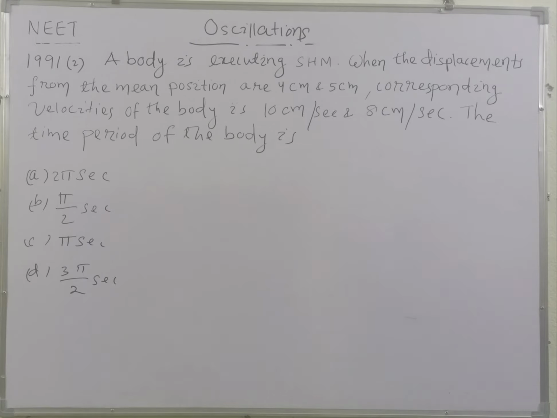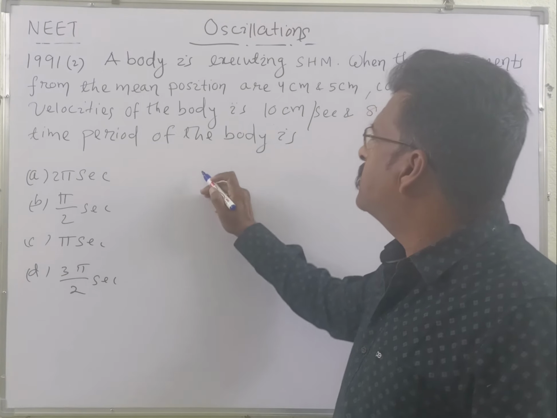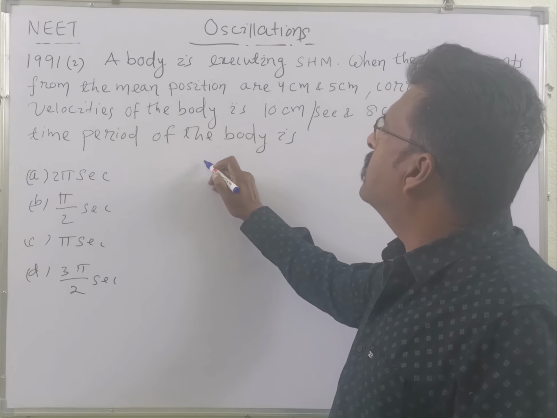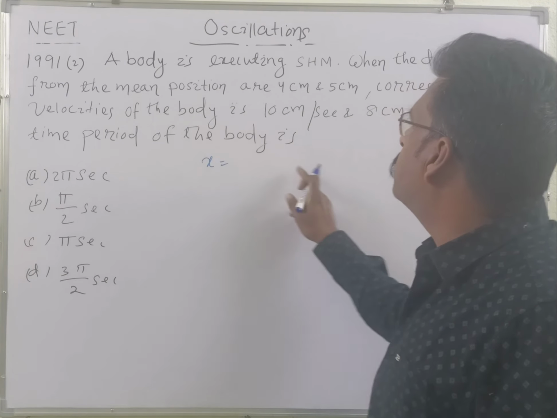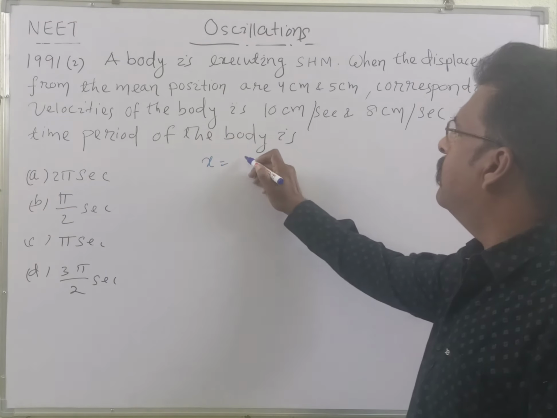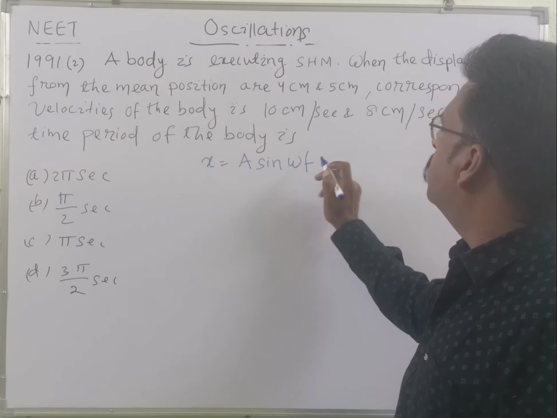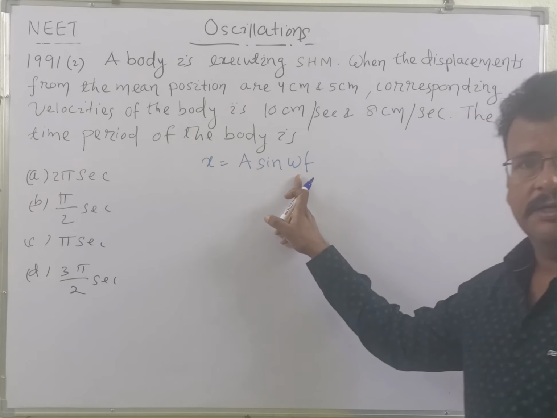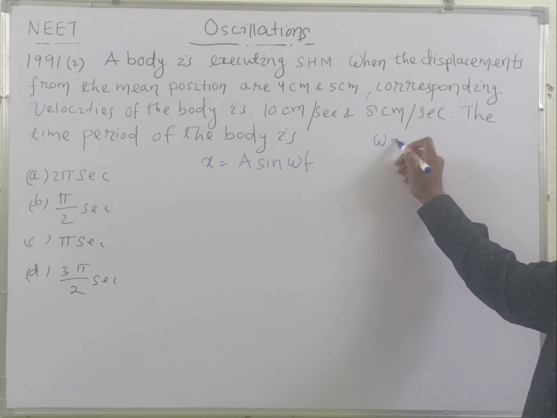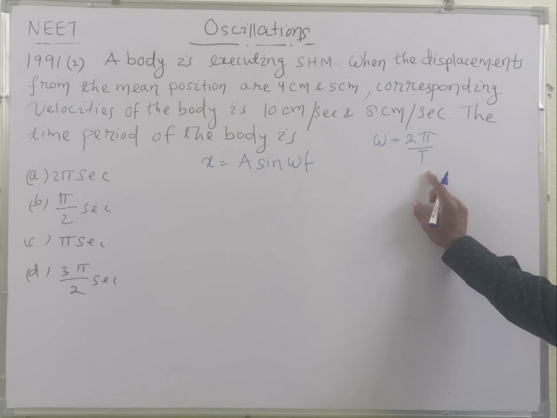Students, when a body is executing simple harmonic motion, then its displacement may be written like this. Suppose the body is oscillating in the x direction, then we may write x is equal to a sin omega t, where a is the amplitude, omega is its angular frequency, which is given by 2 pi by T, where T is the time period of the oscillations.